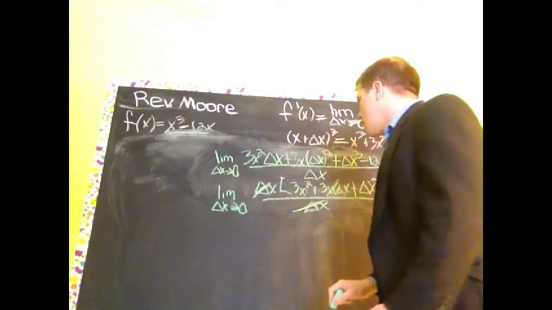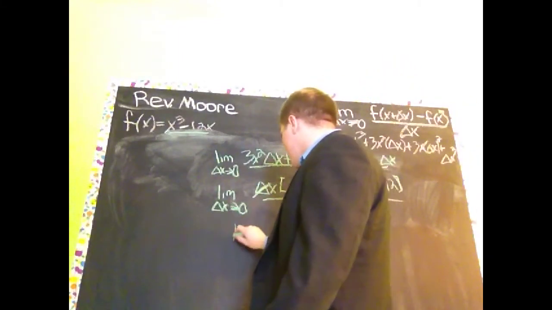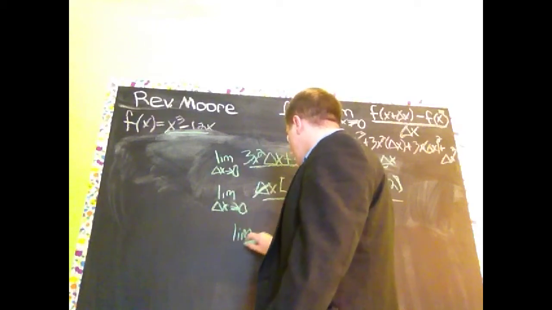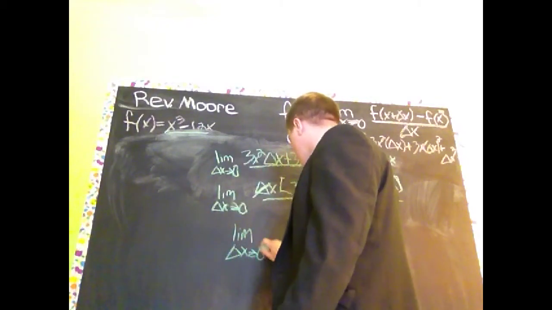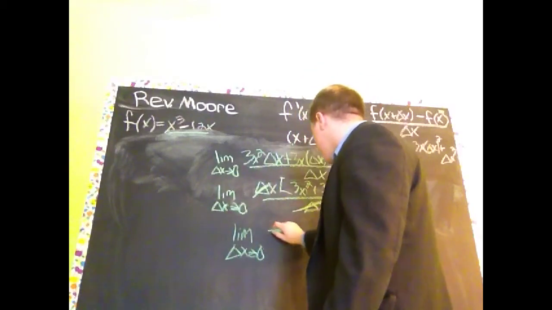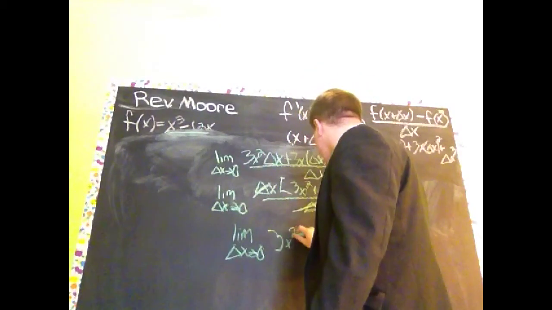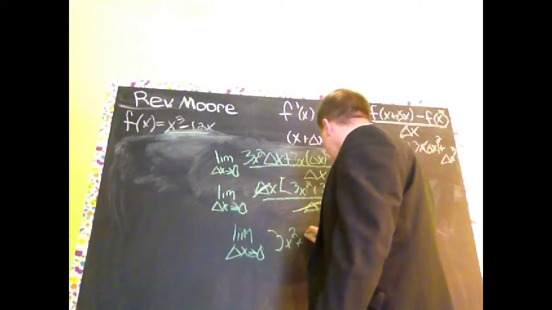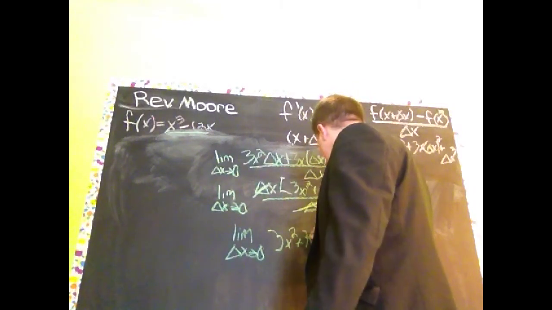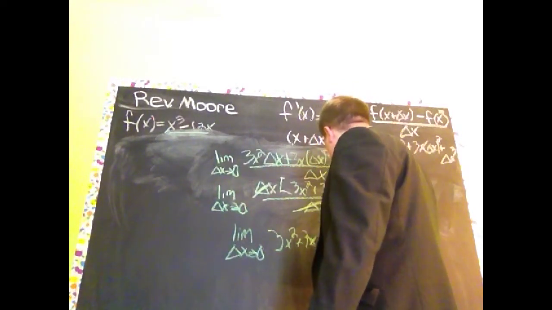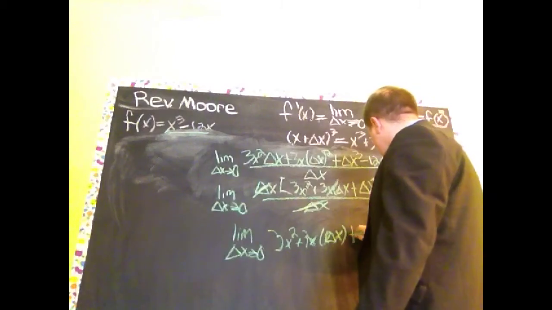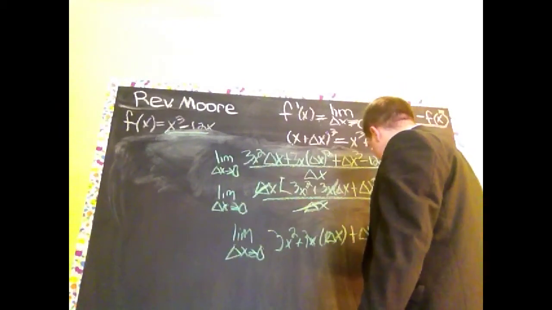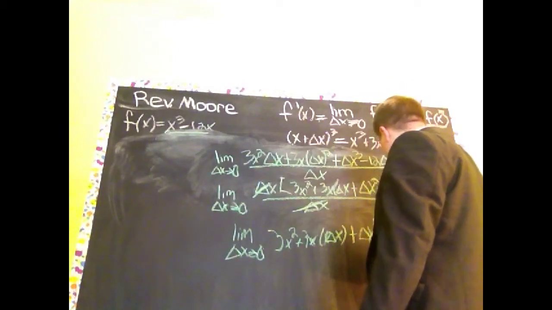So now our limit function is the limit as delta x approaches 0 of 3x squared plus 3x times delta x plus delta x squared minus 12.